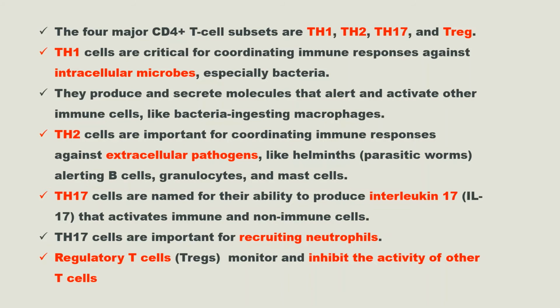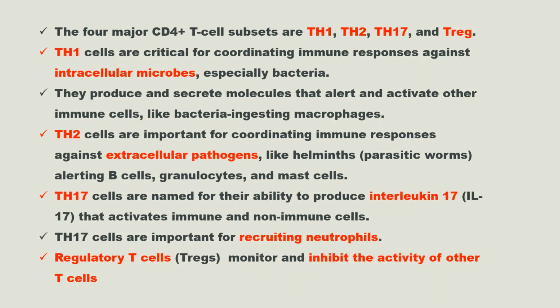Th17. Th17 cells are named for their ability to produce interleukin 17. Interleukin 17 activates immune and non-immune cells. We already said before that interleukin 17 helps in the activation or growth and differentiation of eosinophils.